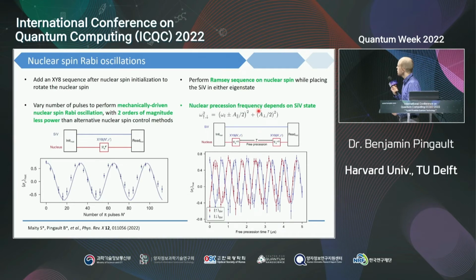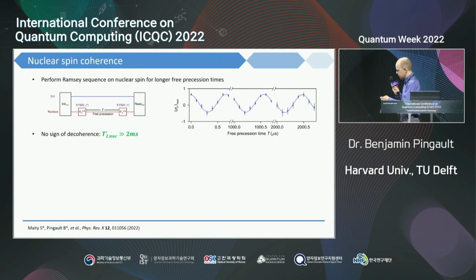Due to the hyperfine coupling between the SIV and the nuclear spin, you have a different precession frequency of the nuclear spin, depending on the spin state of the SIV. And this is exactly what you see in red and blue: depending on the spin state of the SIV during the free precession, you have a different precession frequency that nicely matches the hyperfine coupling.